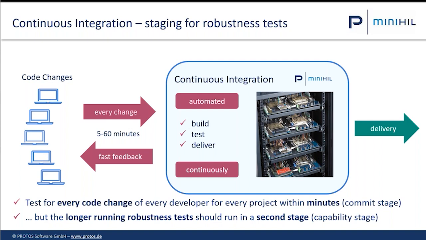So we run them in a second stage, the capability stage, with the performance tests, the robustness tests, the safety tests, and so on, because they need longer. So we still have this fast response in the commit stage, but for every other hour, for example, you run the robustness tests. So that's also very important.